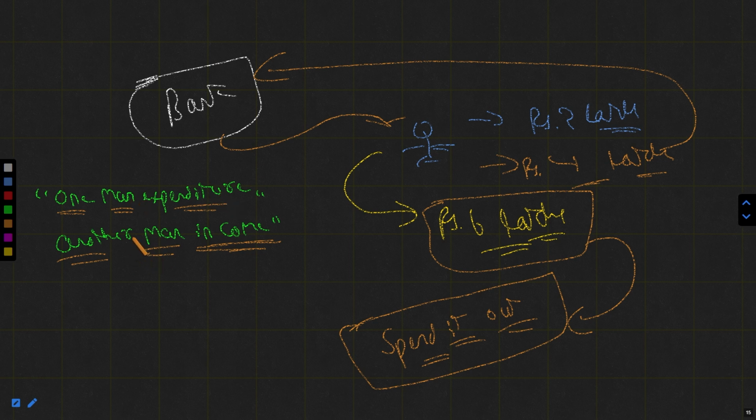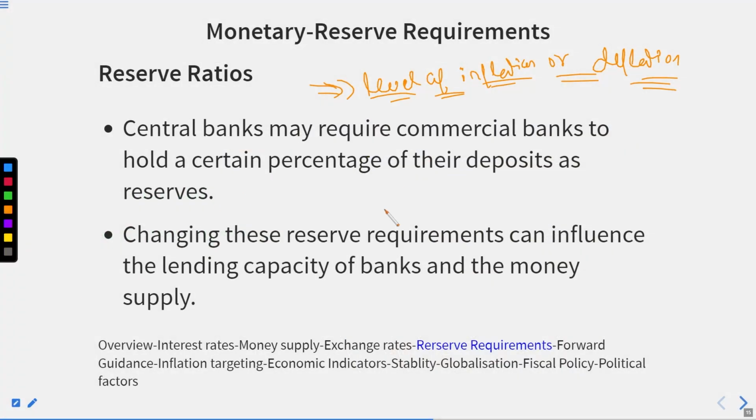One man's expenditure is another man's income. Got it? So when he spends the 6 lakhs, the 6 lakhs will be an income of the people. And when the people get income, they will spend it out. So automatically the money supply will be increased. But on the other hand, if you downgrade the supply, then the 4 lakhs amount will not be granted to him, so he could not spend it. When there is no expenditure, there will be no income. So this was the picture.